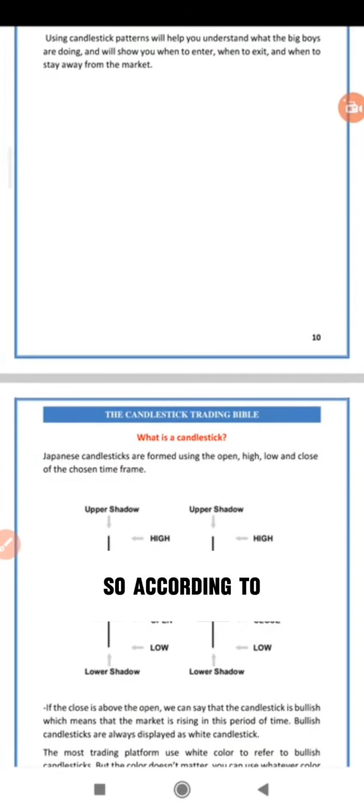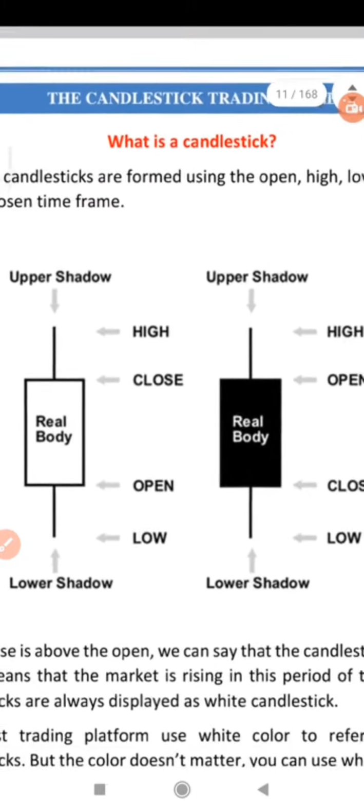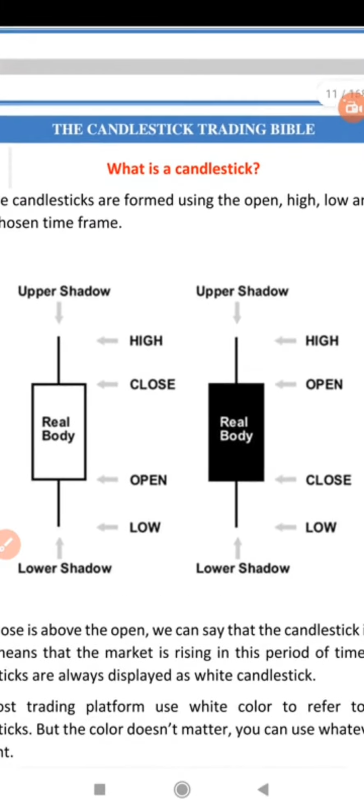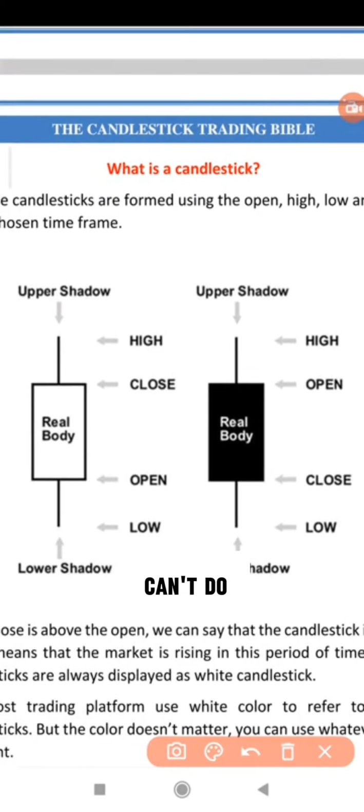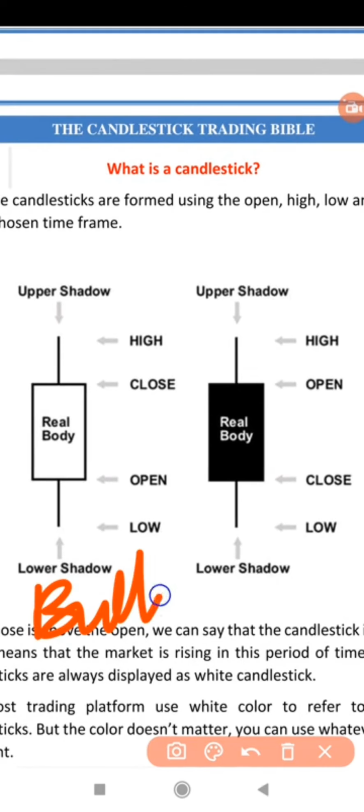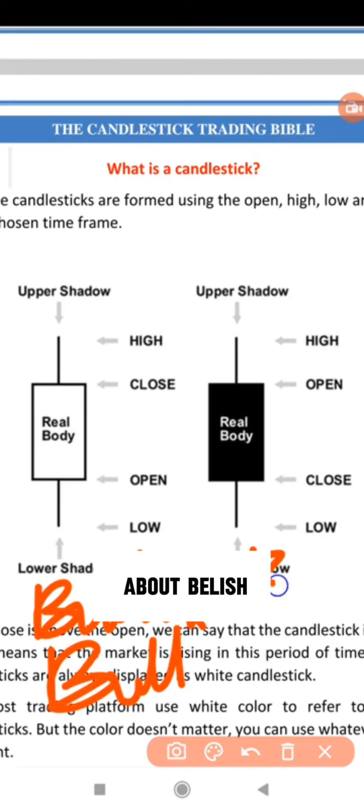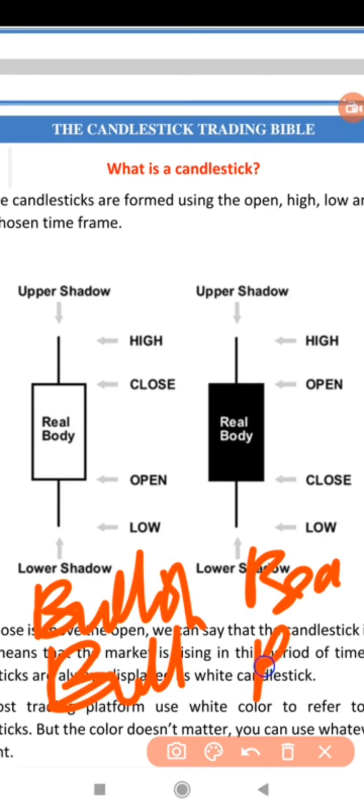So always remember the open and the close. According to this chart here, you can see the markup, where it's saying that you should know the bullish candle and the bearish candle. Now when we talk about bullish, always remember bull. Then when we talk about bearish, always remember bear.